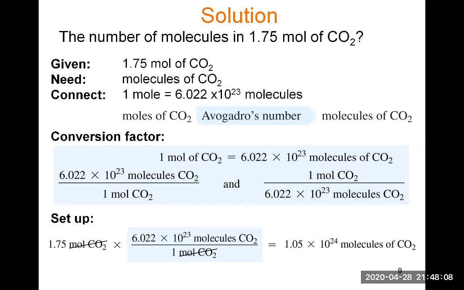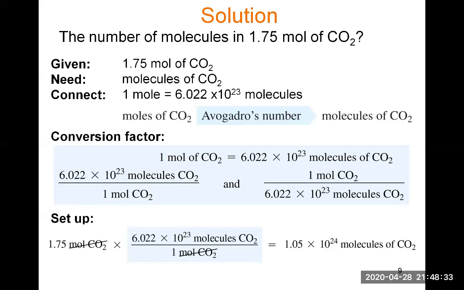And here again, we keep 3 sig figs, because the given amount had 3 sig figs. And the Avogadro number is not limiting because it has 4 sig figs. The 1 mole on the bottom here is exact and is never going to be limiting. So we keep 3 sig figs, 1.05 times 10 to the 24th molecules of CO2.